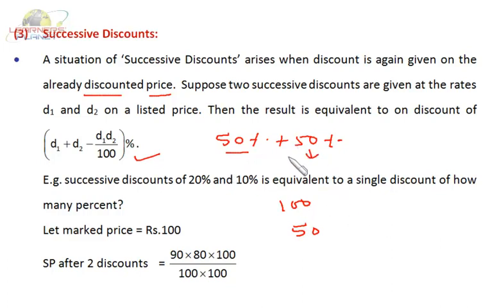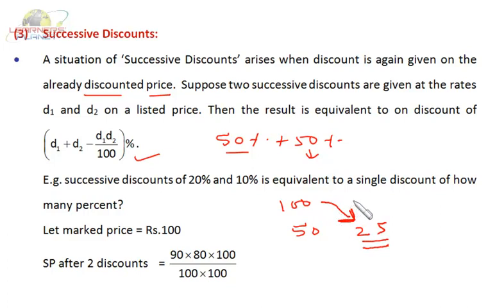That is successive discount, or we can say series of discounts. So on this 50, further you are getting a 50% discount. That means 25 rupees are further being discounted. So finally, you are paying 25 rupees, not 0. That means you are not getting anything for free. Finally, it is 75% discount from the initial price. Okay, I hope you are getting my point.